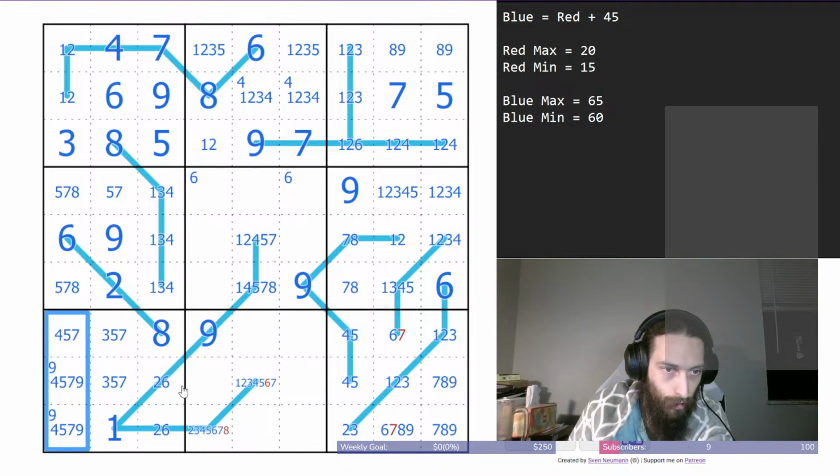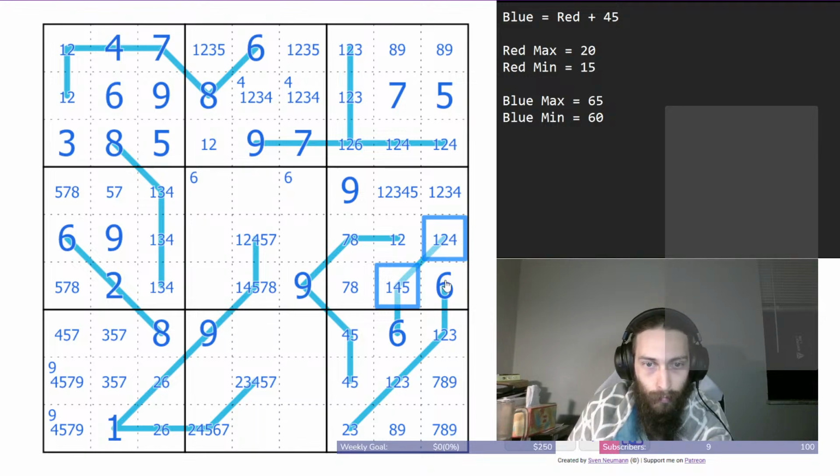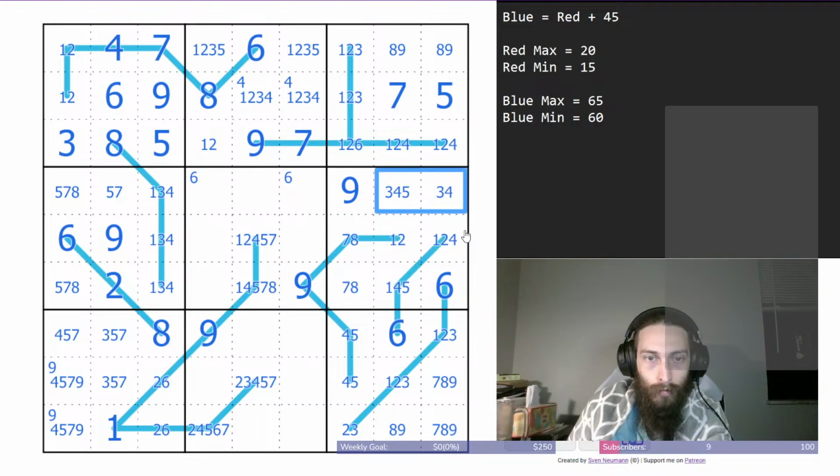Not 4s, not 3s. 8, 1, 6, 3. That's a 6. This is not 6 or 7. And since this is a 6, it can't be 3s. And that's a 1-2 pair. That takes that out of there. 3, 4.